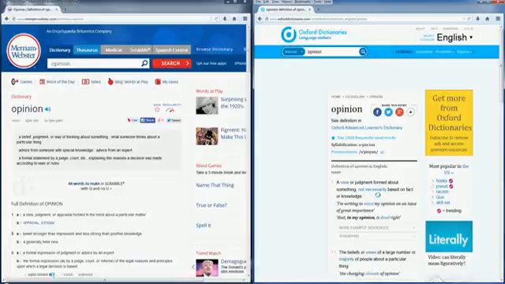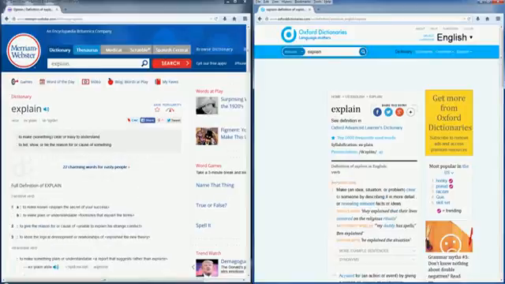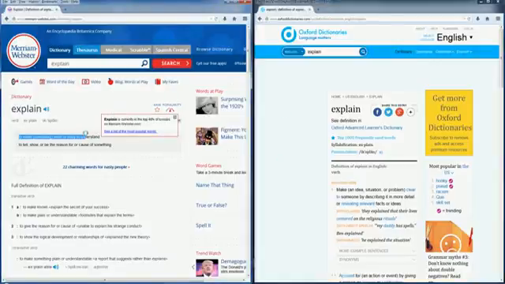So that brings me to the next definition of the word, which is explain. And here in the Merriam-Webster's dictionary on the left side of the screen, it says to make something clear or easy to understand, to tell, show, or be the reason for or cause of something. So I'm going to point out here that the definition of explain, for what I'm talking about, is to make something clear or easy to understand.